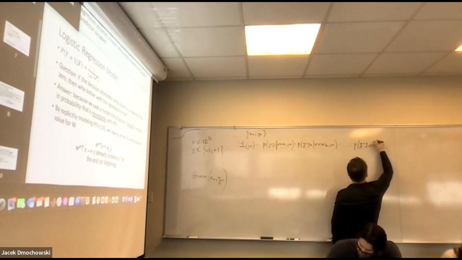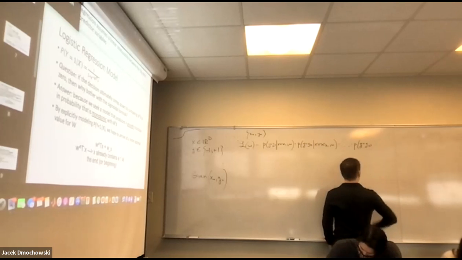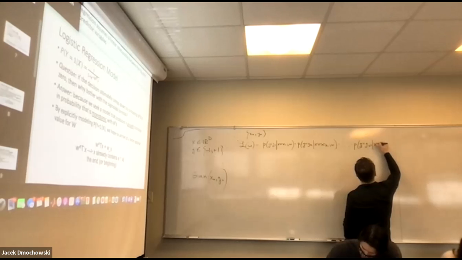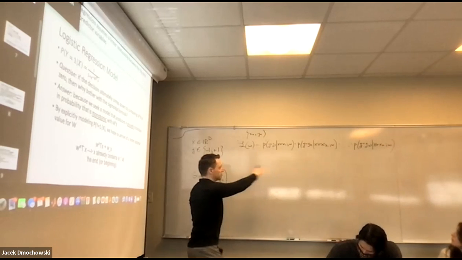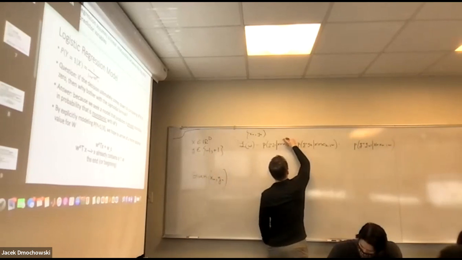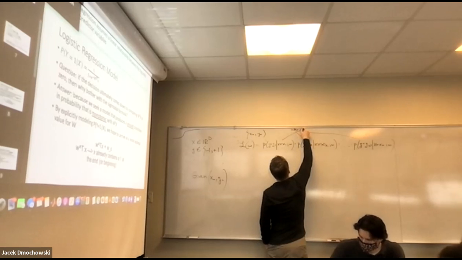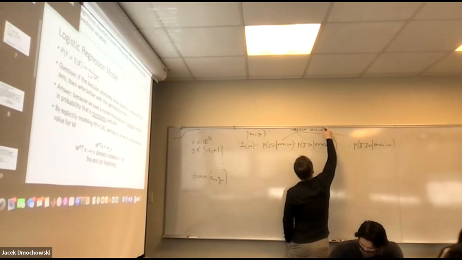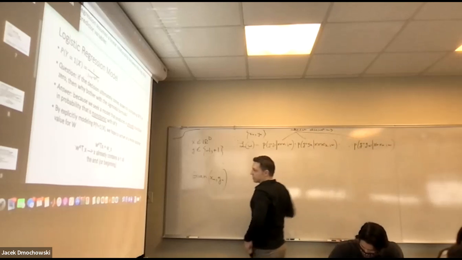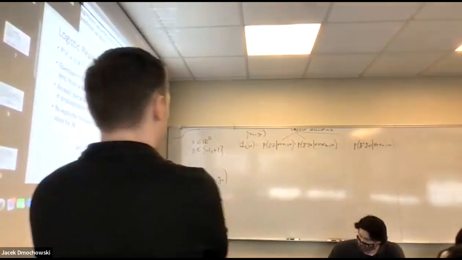So my data set has n independent pairs of observations. This is a product of probabilities because these are all independent. So I have n examples, and every xn, yn is an example.